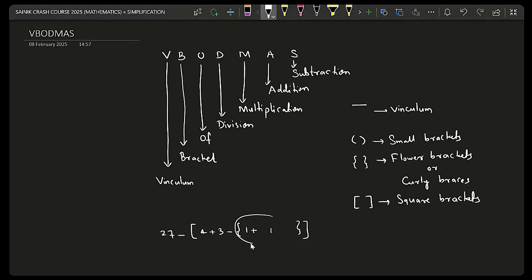So this flower bracket term is 1 plus 1. This part will be equal to 2. Erase everything in the flower bracket part, and write 2 here. So this is 2.